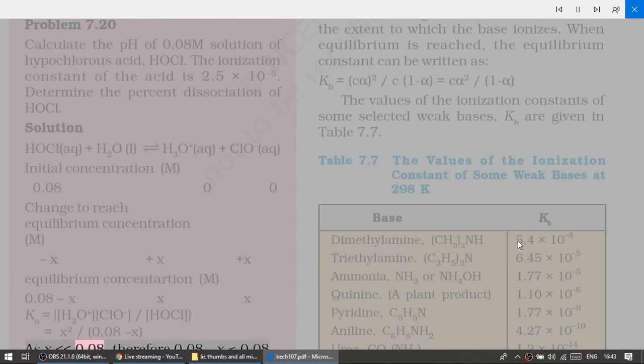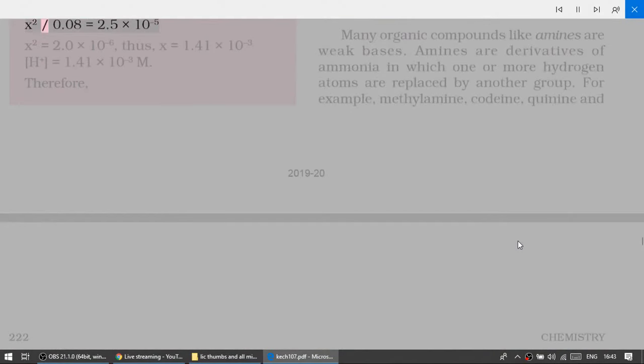As x ≪ 0.08, therefore 0.08 − x ≈ 0.08. x²/0.08 = 2.5 × 10⁻⁵, x² = 2.0 × 10⁻⁶, thus x = 1.41 × 10⁻³. [H⁺] = 1.41 × 10⁻³ M.